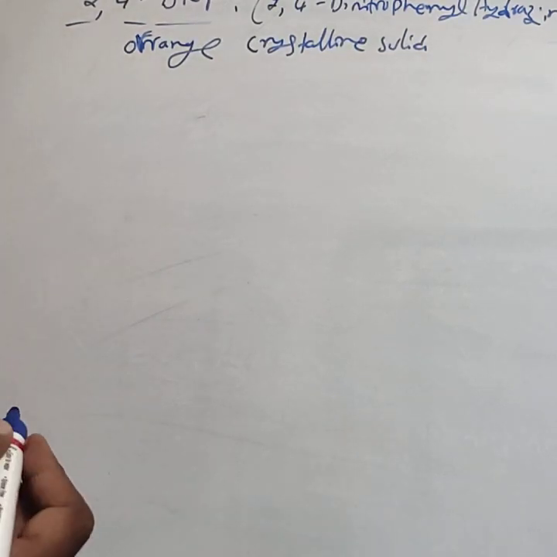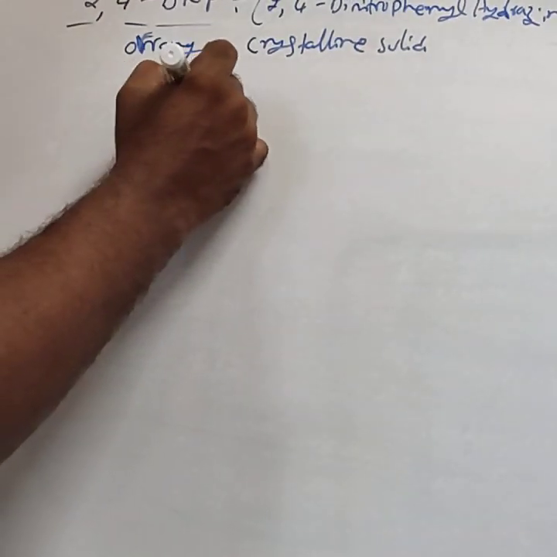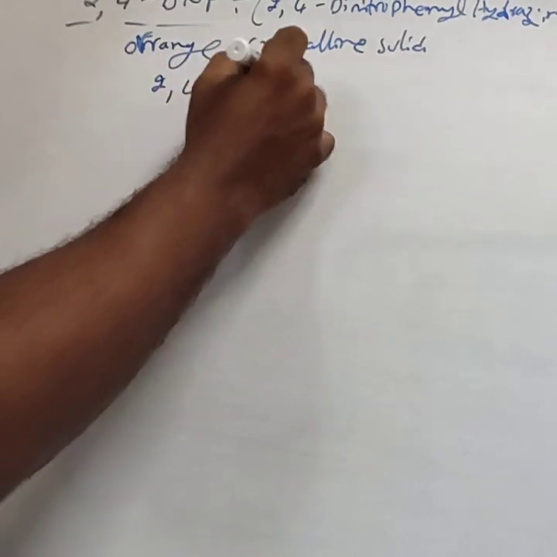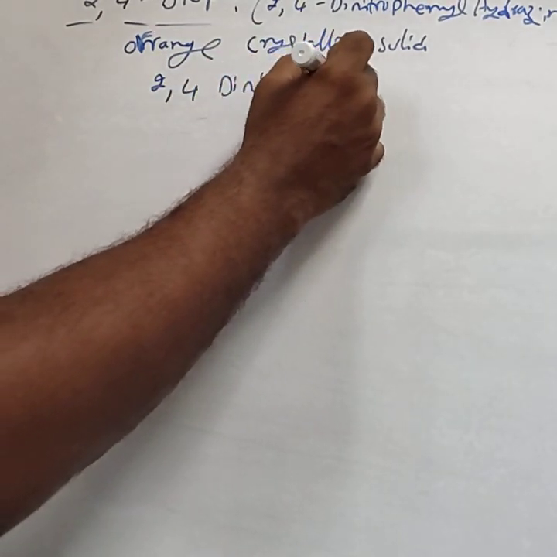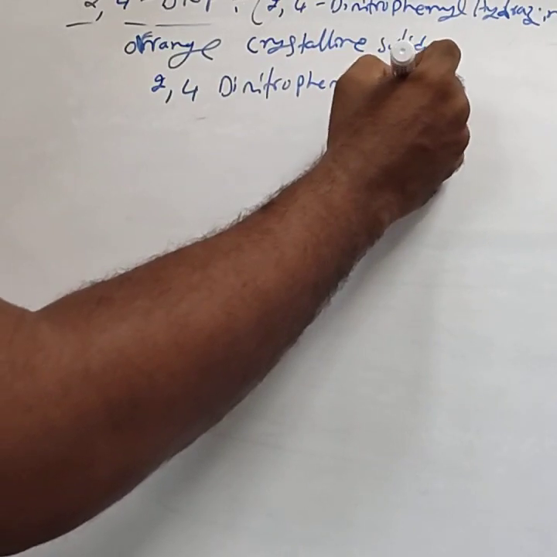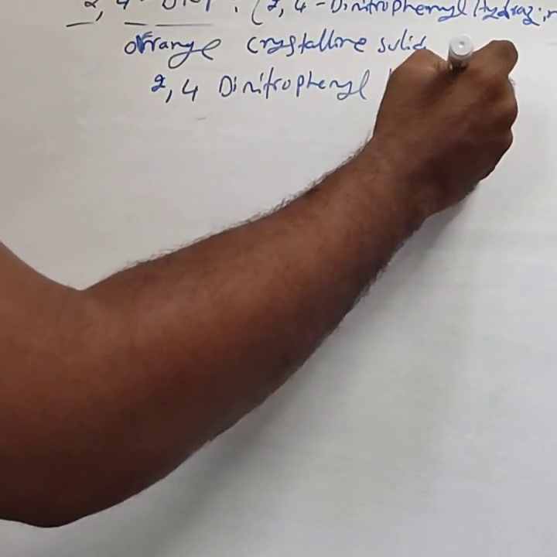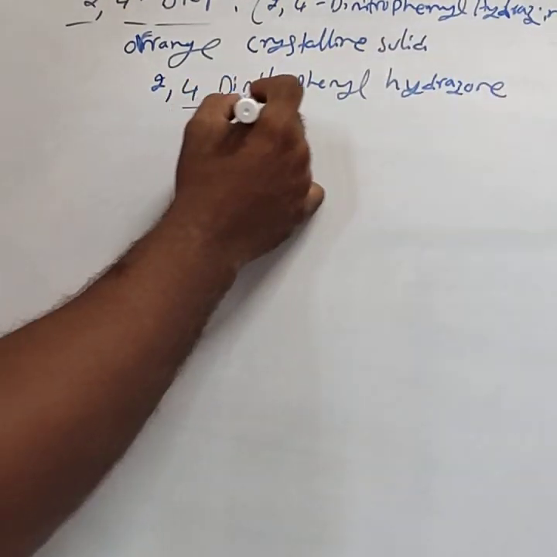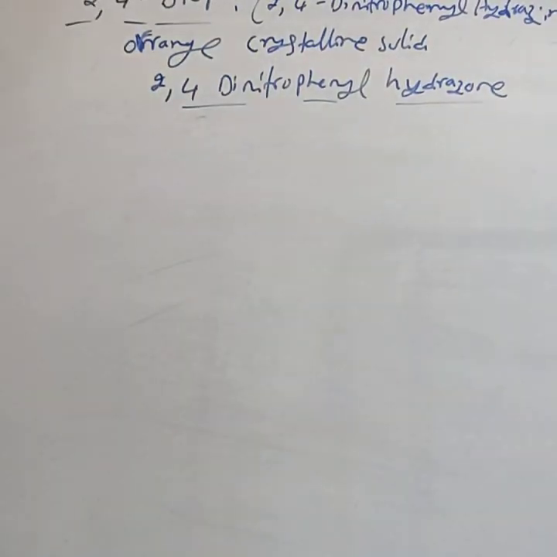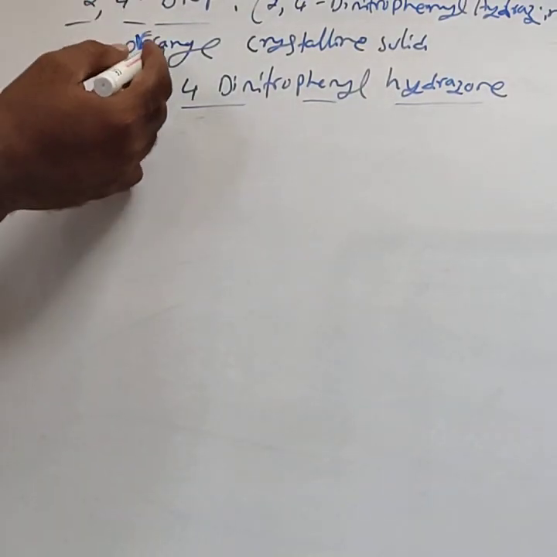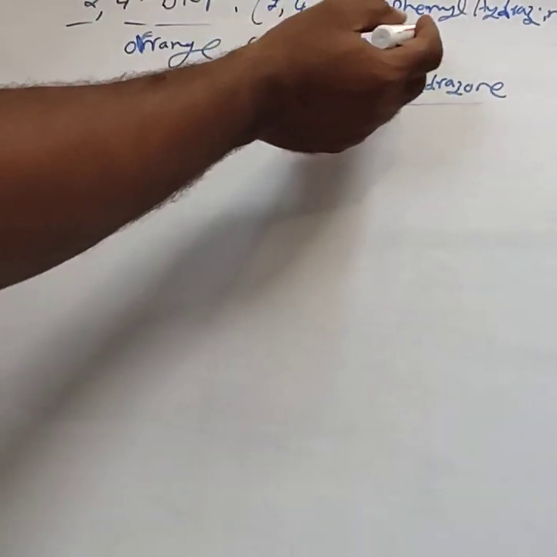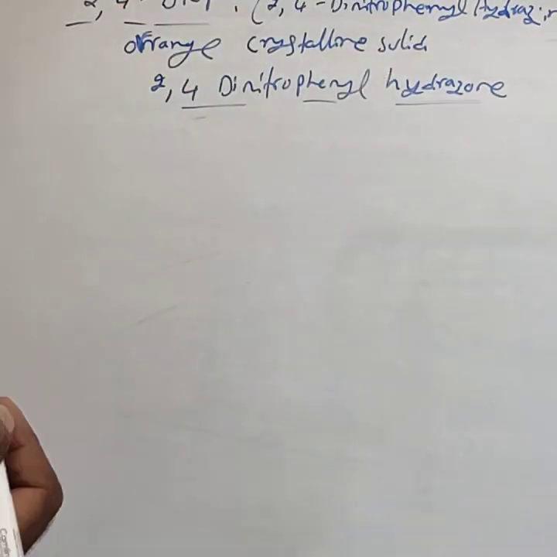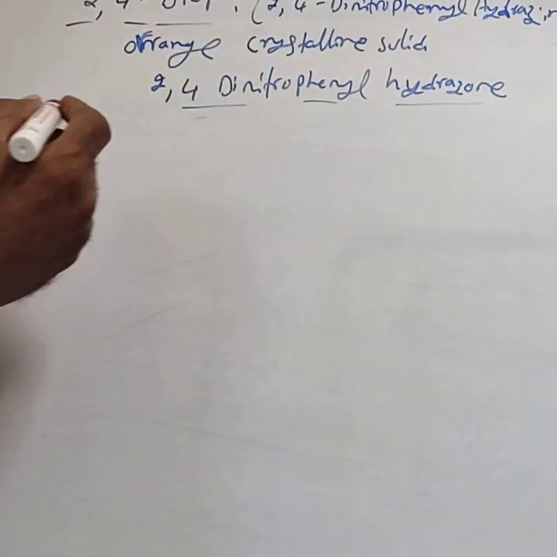The orange crystalline solid is 2,4 dinitrophenylhydrazone. Even in viva they can ask about this product. Name the product formed when aldehydes are treated with 2,4 DNP. Then the answer is an orange crystalline solid of 2,4 dinitrophenylhydrazone.